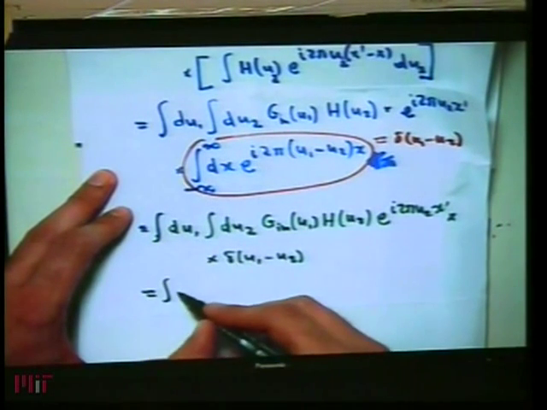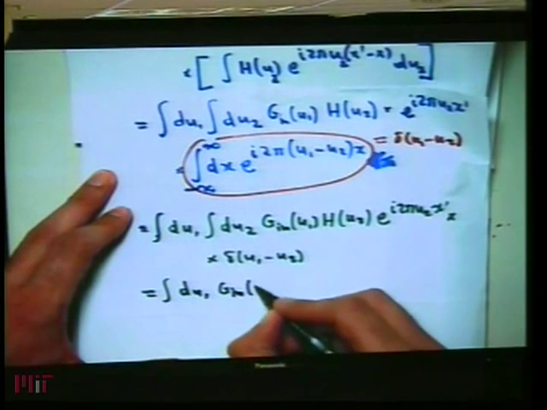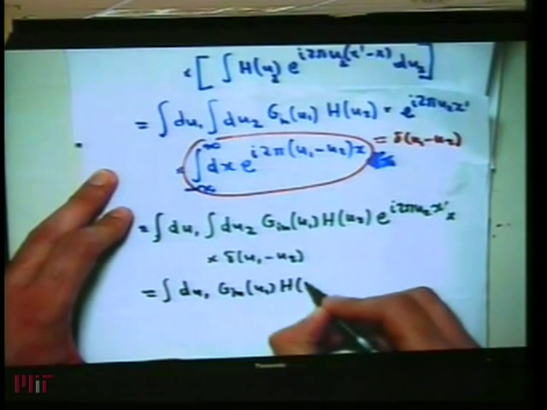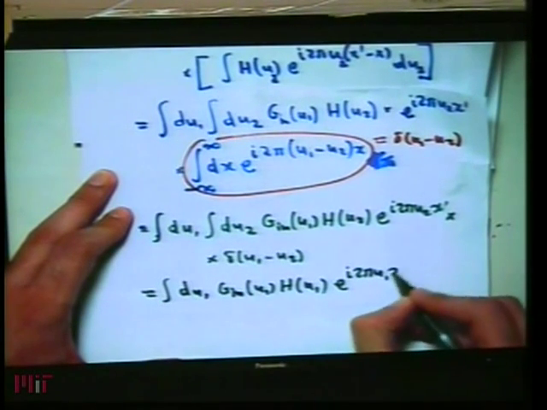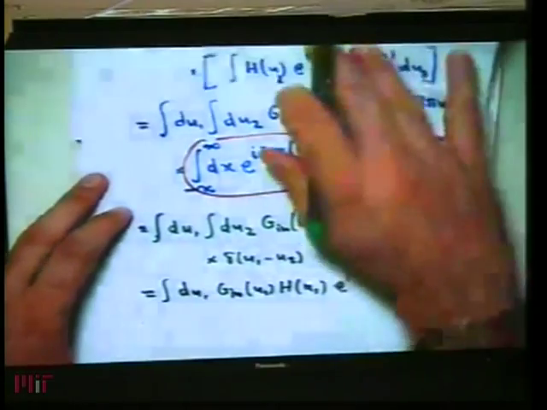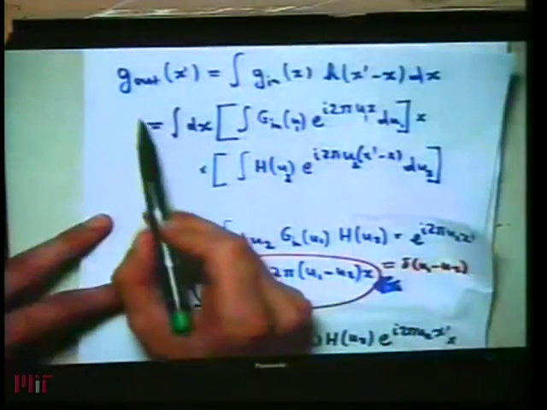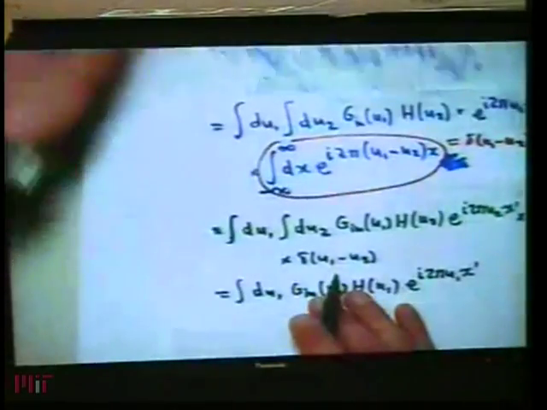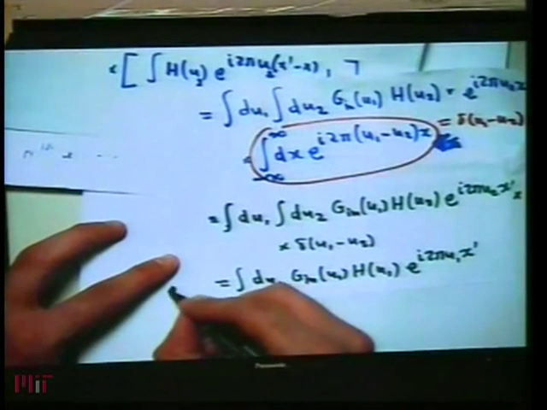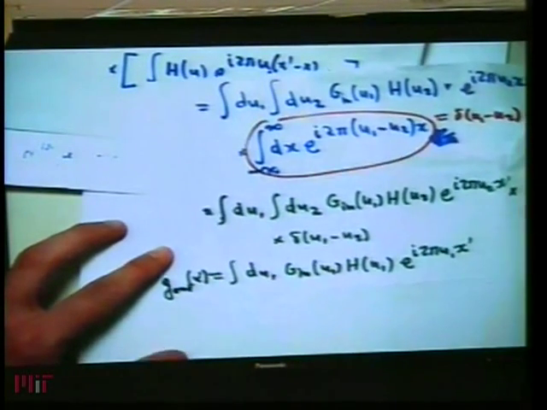So we'll simply get du1 times g sub in of u1, h of u1, e to the i 2 pi u1 x prime. And now remember, if you go back to the beginning of our derivation, this is the outcome of the convolution. So this is g sub out of x prime.